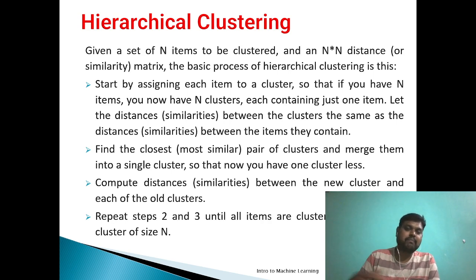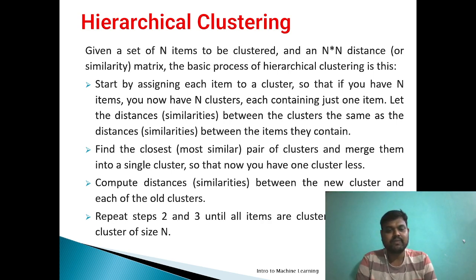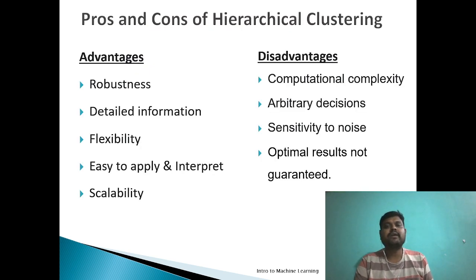Likewise, the process will iterate. Then you have to find the distance between the new cluster and each of the old clusters, right? This process will iterate until all the items are grouped into one cluster, right? So under the root node, you can have leaf nodes, right?